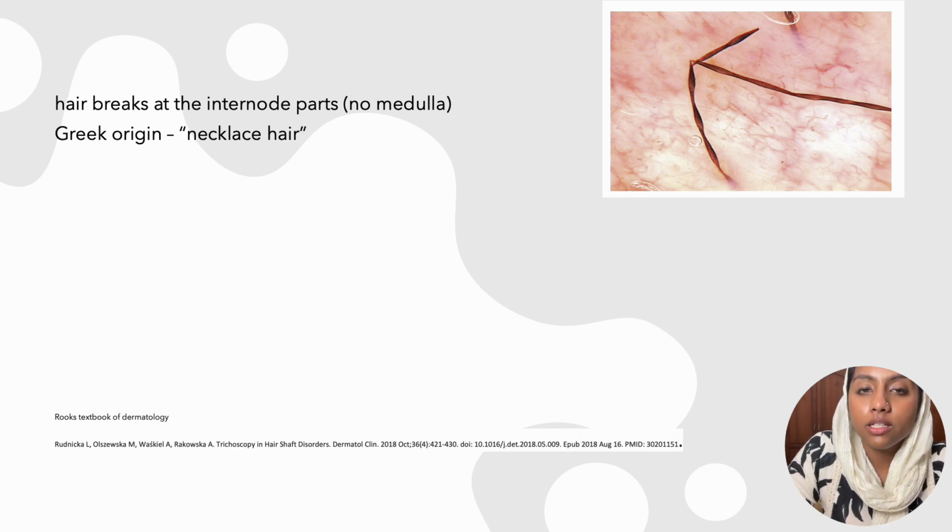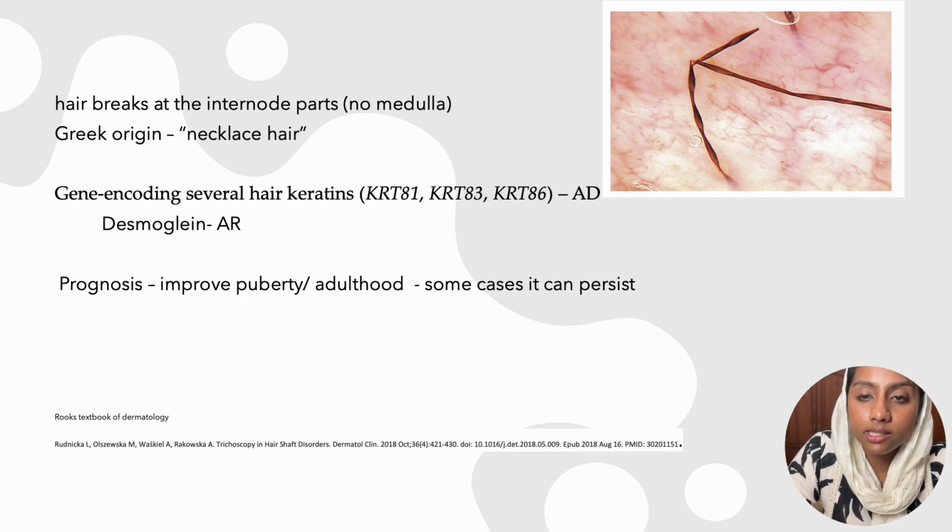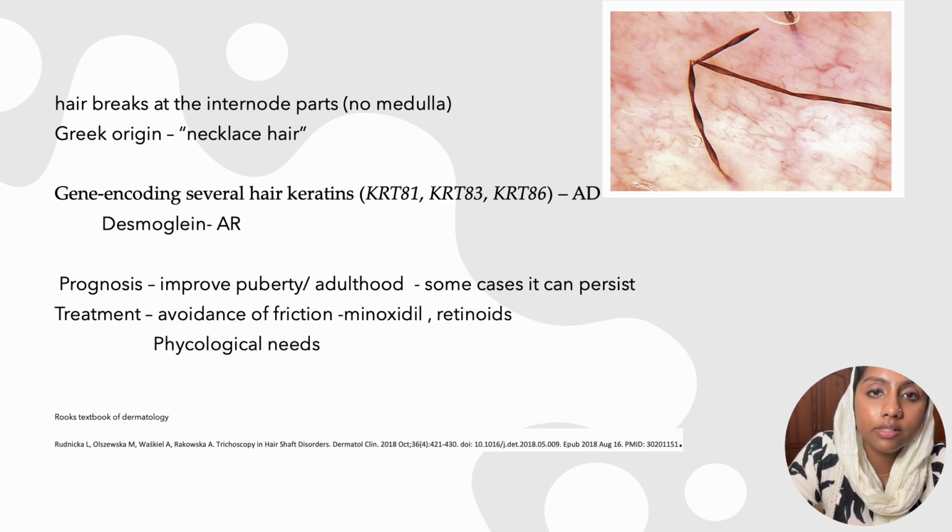Genetic analysis shows that it can be autosomal recessive or autosomal dominant inheritance, and the prognosis is that it usually improves with time, and in very rare cases it can persist. In those cases you might need to treat with minoxidil, retinoids, and also give psychological support. This is brief information about monilethrix.